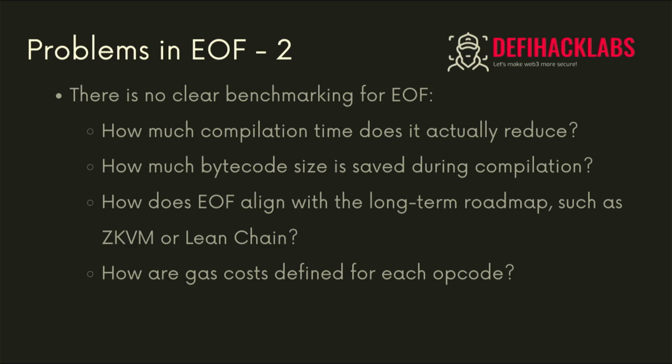But how much compilation time will it actually reduce? And how much bytecode size will EOF actually reduce? There's no clear benchmarking. People just talk about it might reduce or it might have some benefit, but there's no clear benchmarking. There's no comparison before and after EOF.